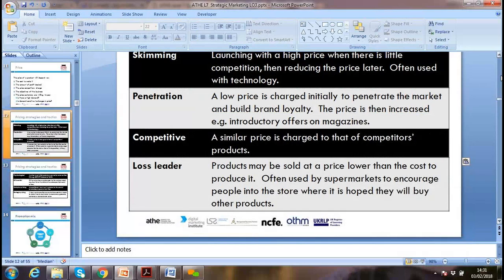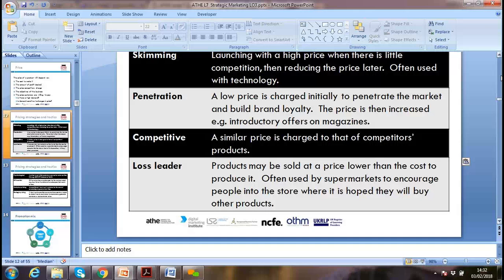Loss leader: sometimes we sell a product lower than the cost, like Chinese companies used to sell in the European area. For a few years they take a loss, but they kick out the other companies because those can't compete, and then they increase their prices. That works for a time, but it is illegal, because there is legislation called anti-dumping rules. Dumping means you can't sell at less than the cost.